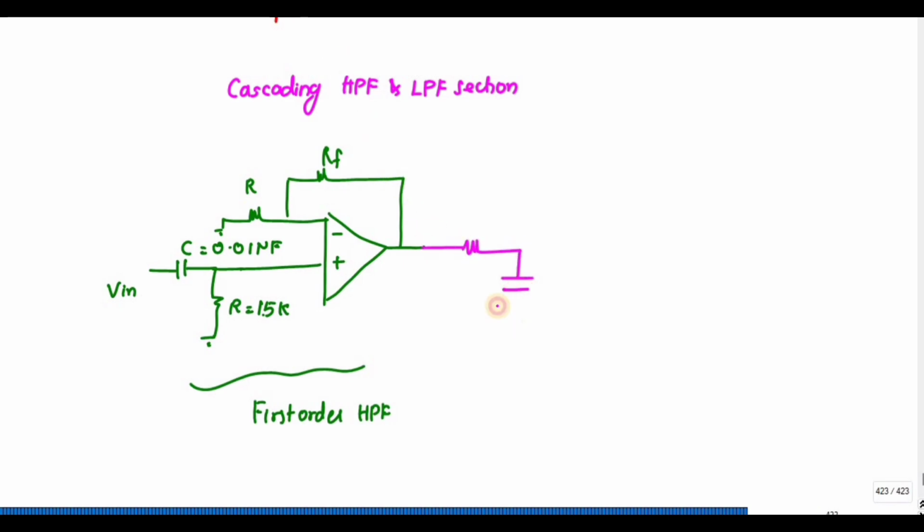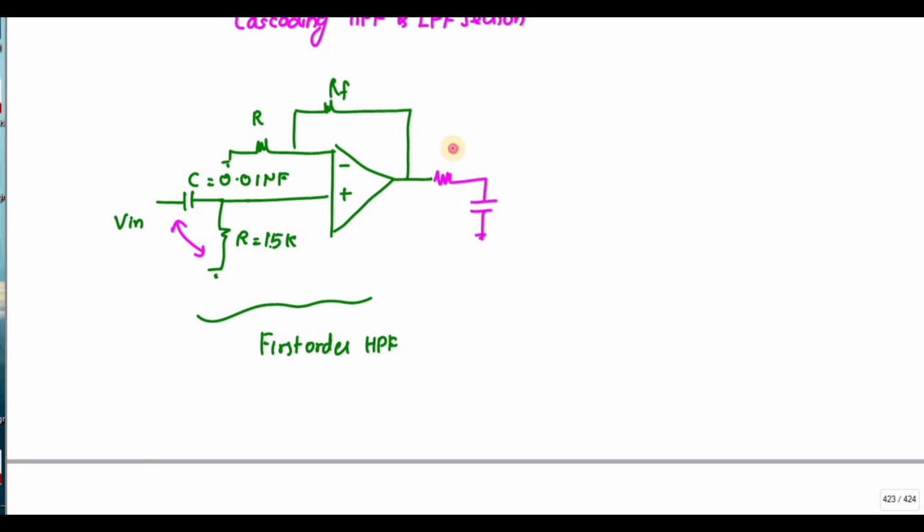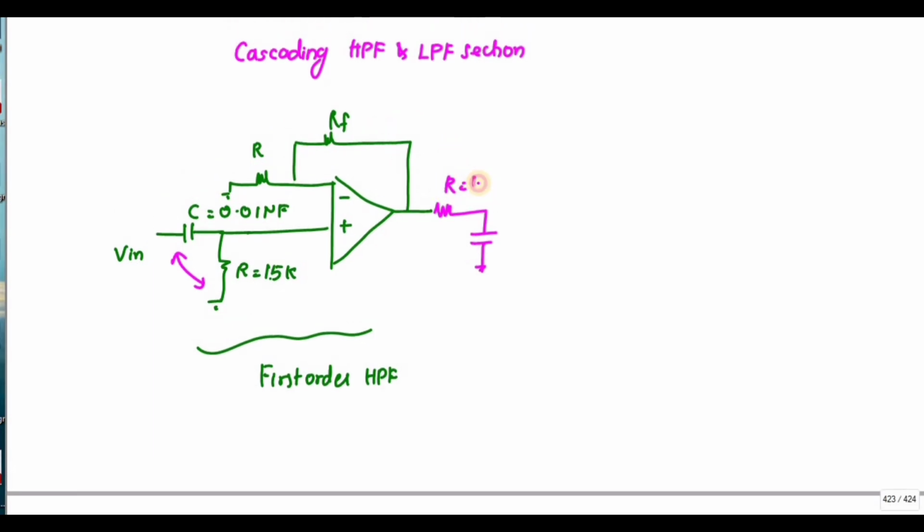So this must be cascaded with your low pass filter. The low pass filter is an alteration of these two values, right? So instead of the capacitor, you have to connect a resistor. Here the resistance value is nothing but 15k, and this is 0.01 microfarad, and it is connected to the positive terminal of the op-amp, and this will contribute to the gain, right?